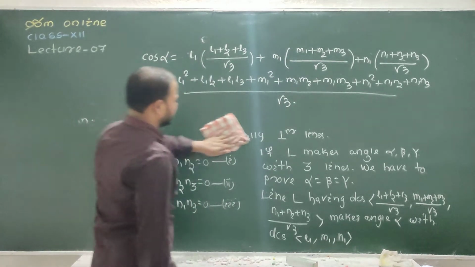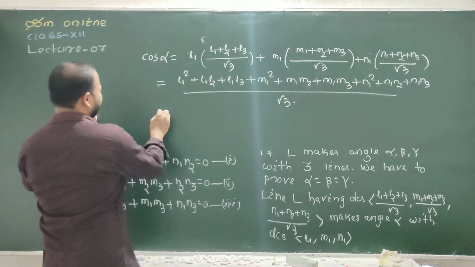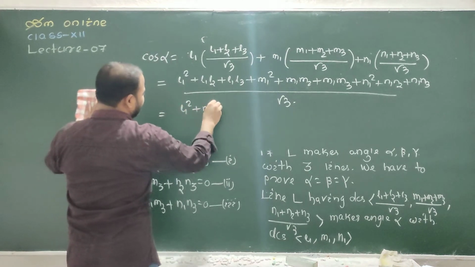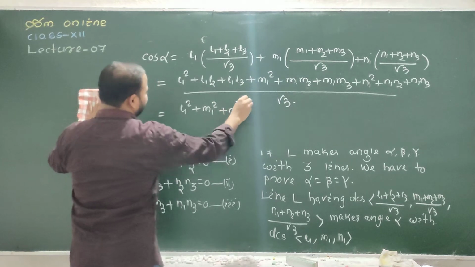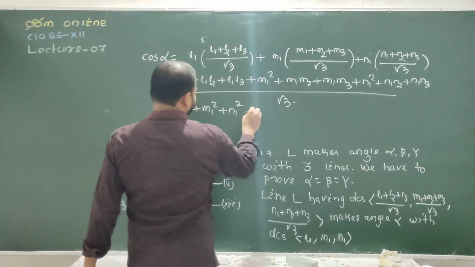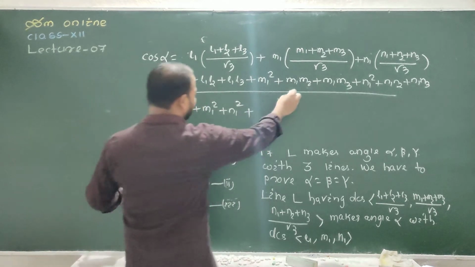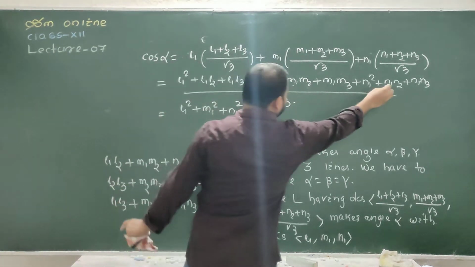So here it is L1 square plus M1 square plus N1 square, and this is L1 L2 plus M1 M2 plus N1 N2.